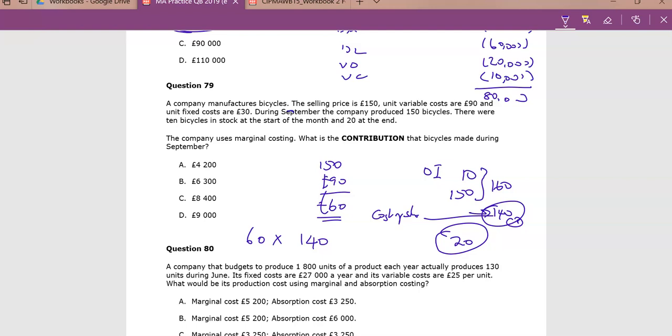However you look at it, you just multiply the 60 by 140, and that gives you 8,400. That's one way of looking at it.